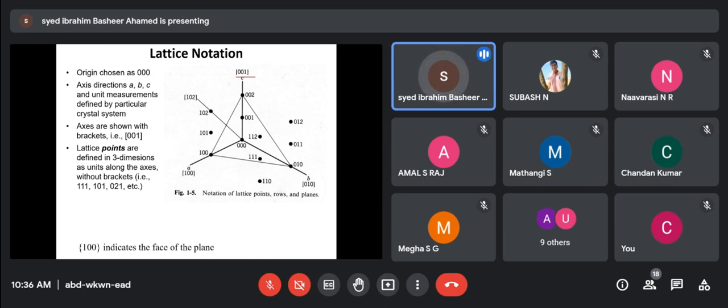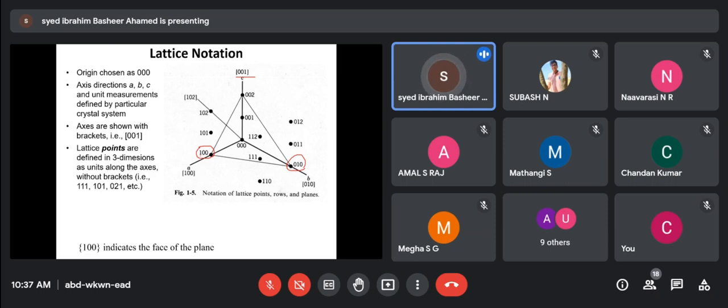So 0, 0, 0 is the origin lattice point. 1, 0, 0 is a lattice point with unit length along the A axis, and 0, 0 for B and C. 0, 1, 0 has unit length only along the B axis, with A and C being 0.